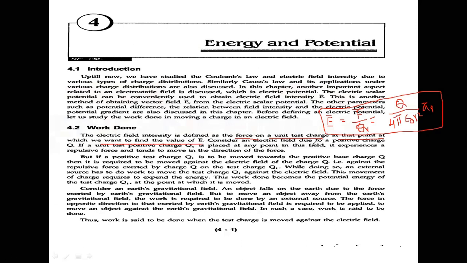Consider an electric field due to the positive charge Q. If a unit test positive charge Qt is placed at any point in this field, let us take the charge Q is here in a space.